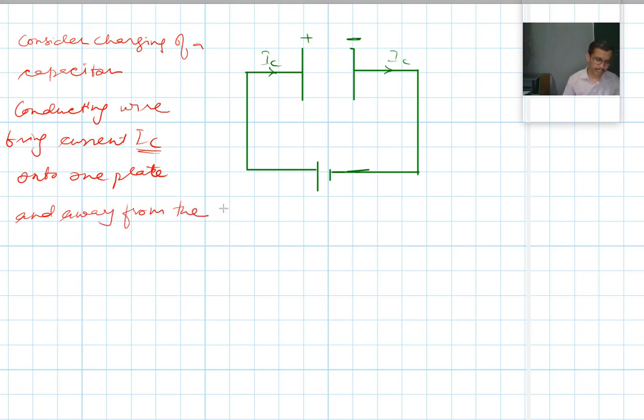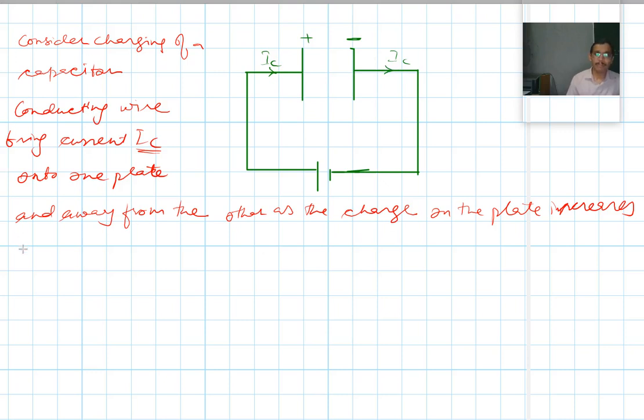As the charge on the plate increases, it means when IC current gets charged, then this flows through from one plate to the other plate. That's what we will assume, right?